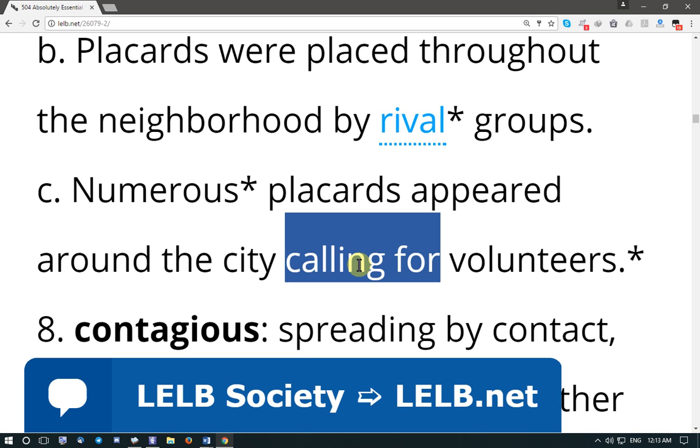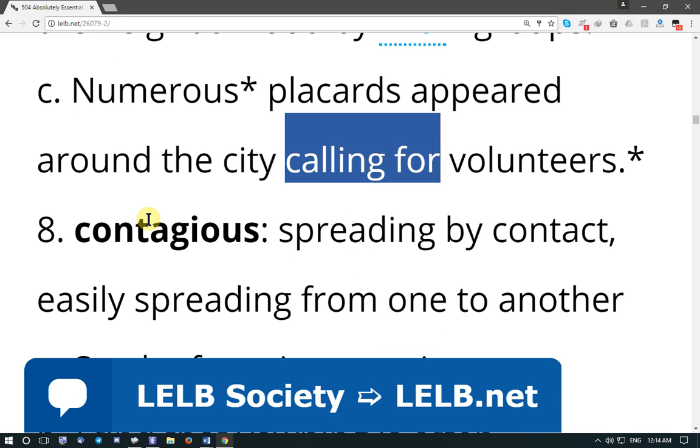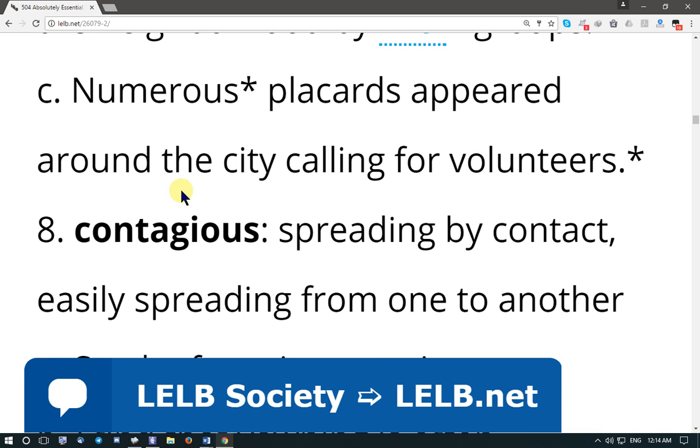Call for means request, demand, need, require, ask for. So the holders of placards were requesting some volunteers, okay, and voluntary activities.